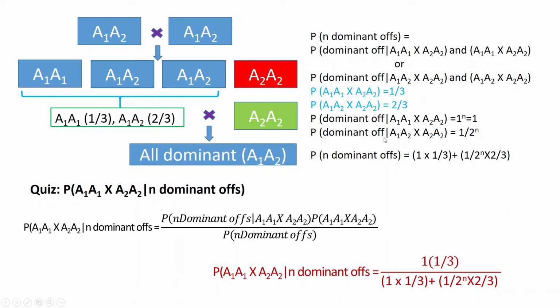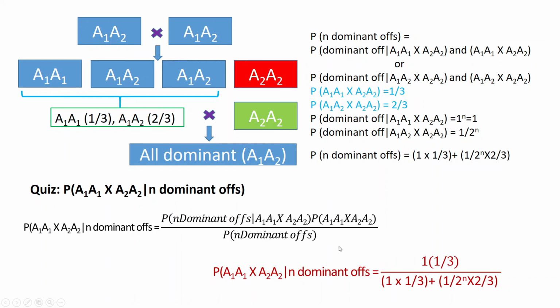The probability of n dominant offspring is a half raised to n. If we combine this, the probability of dominant offspring is this times a third. This is 1 times a third, plus this times this. This is a half to the n times 2/3, which is this one.